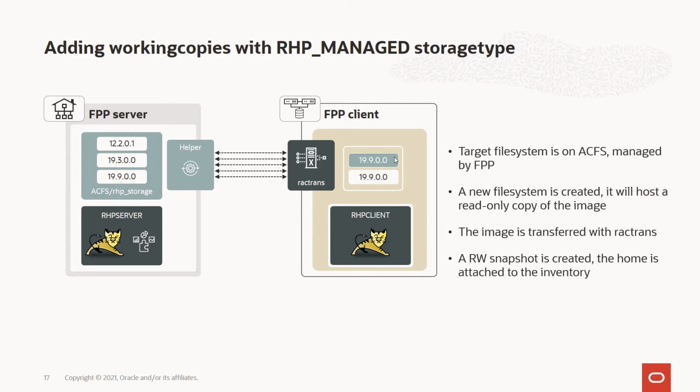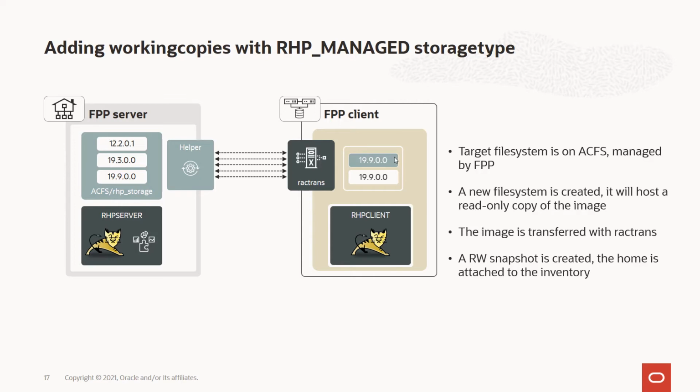So in this case it is FPP that takes care of creating the file system, that takes care that there is enough space, so everything is managed by ACFS. So it's very useful. Not all our customers like it because they prefer to have control over the file systems and having the binaries deployed locally.